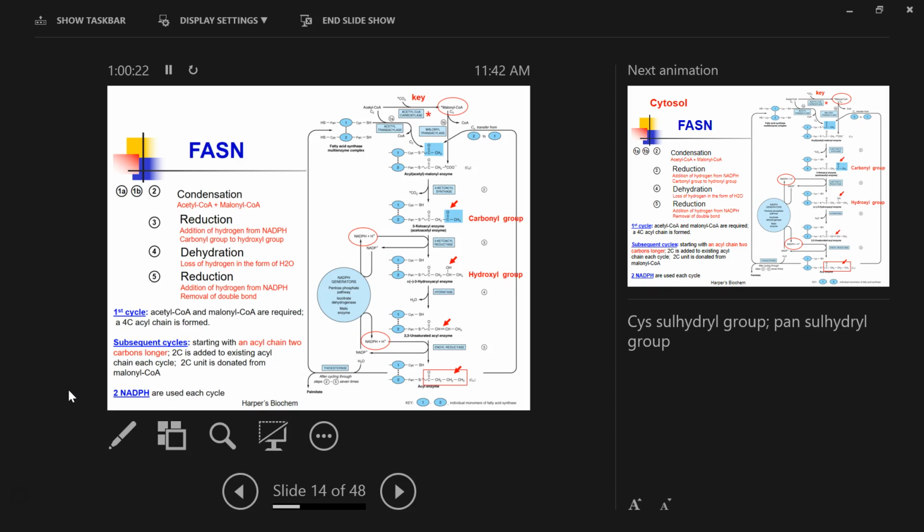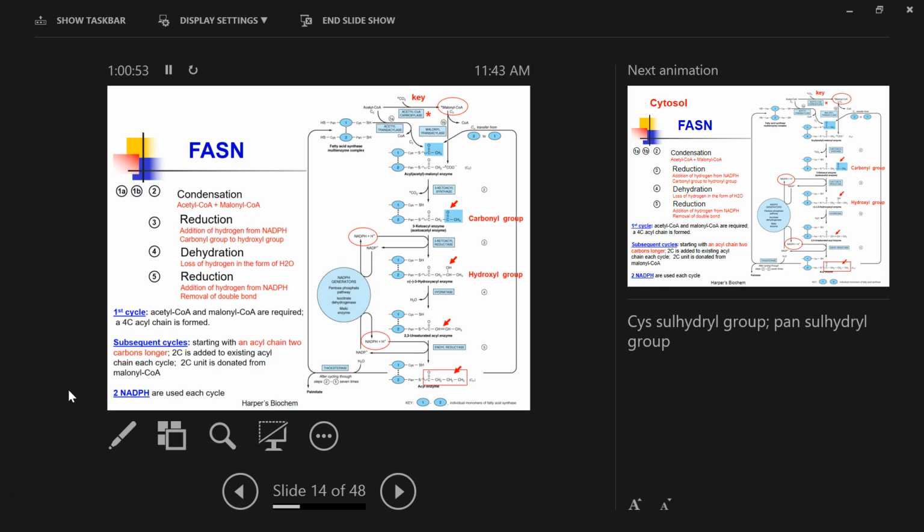So how many cycles are needed? Palmitate is 16 carbons, right? 7, yes, 7 cycles are needed to complete the synthesis of the 16-carbon palmitate.